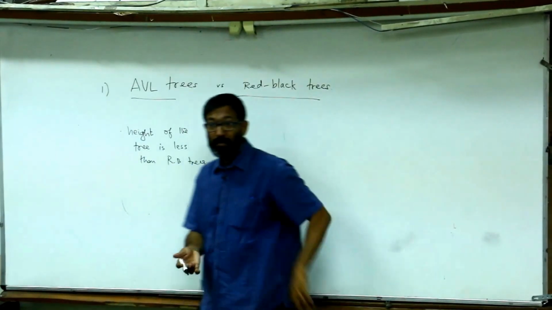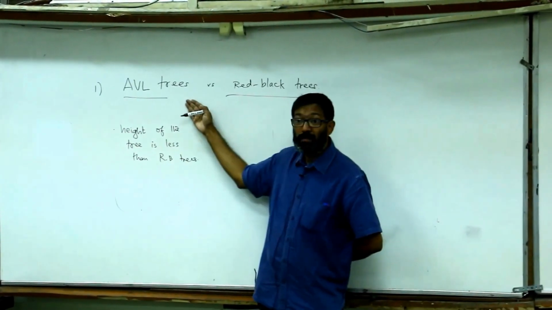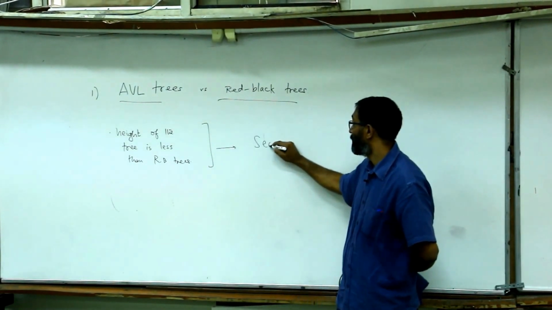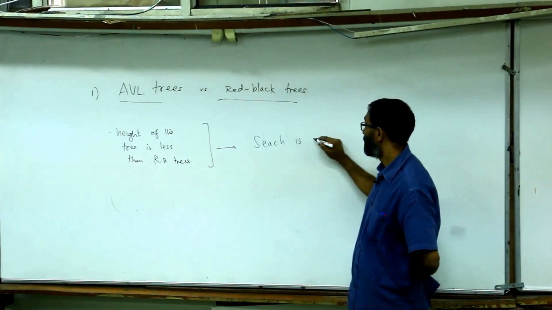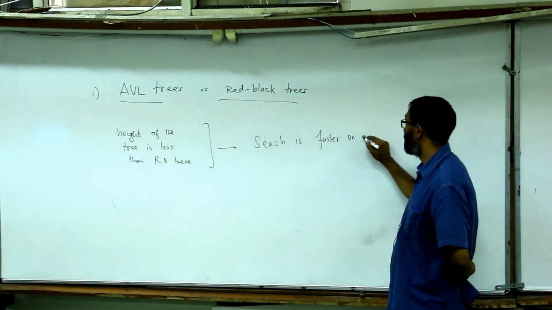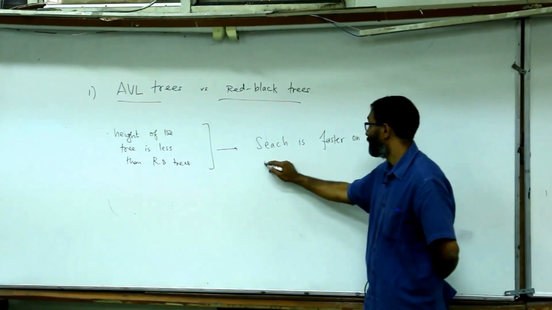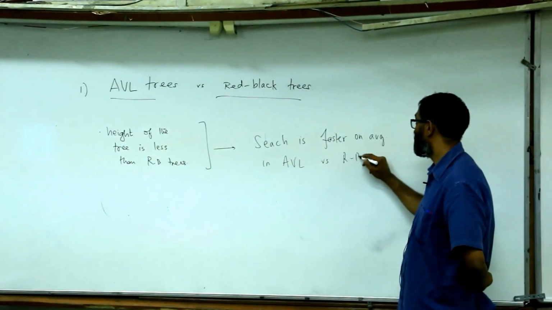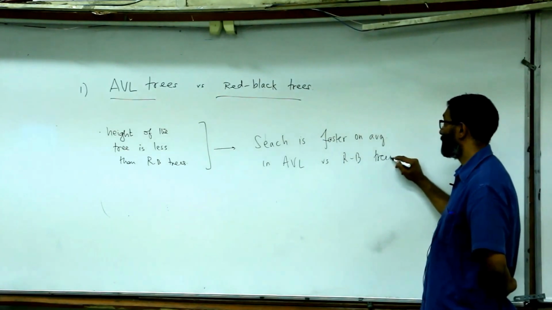So if the height is less, so AVL trees have a smaller height, this implies that search is faster on average in AVL versus red black trees, right?